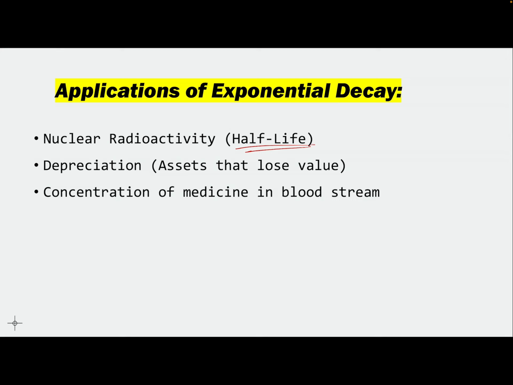If you're going into nursing or medicine, you'll appreciate these examples. It's important for nurses and doctors to know how much medication to give a patient, so they need to know how long that medication is going to stay present in the bloodstream. So these kinds of questions are important for them.